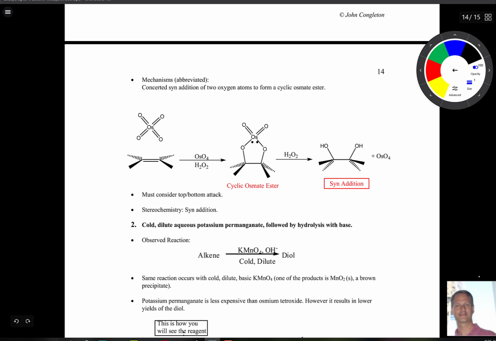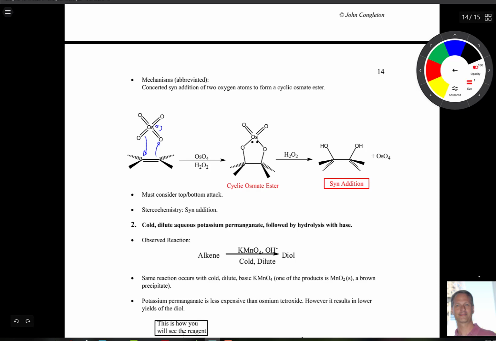So let's look at the mechanism here down below. So the mechanism involves OsO4. So OsO4 has that Lewis structure. And we're going to see electrons coming up to one of the oxygens, right? Electrons coming over to osmium, and then a set of electrons coming down here, like so.